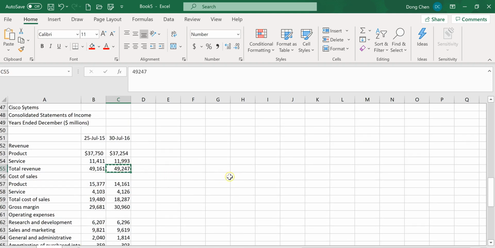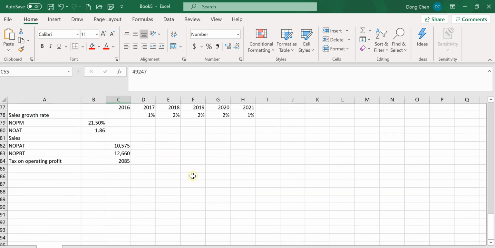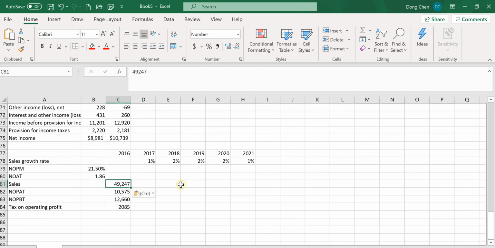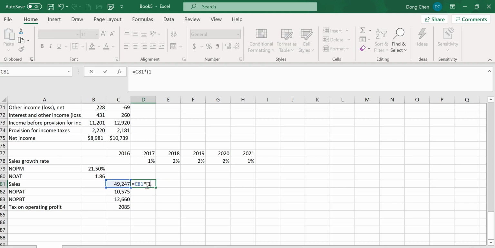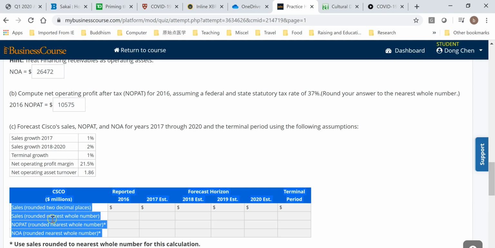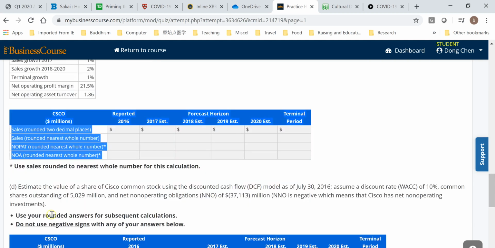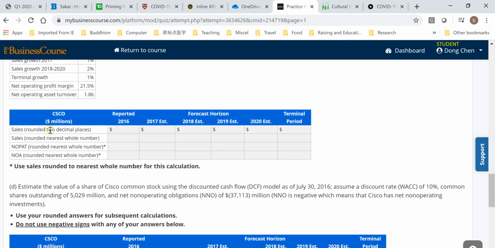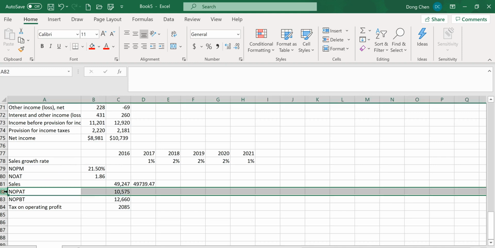It's total revenue here, so just copy the number here. The first year number is based on the current sales times 1 plus the growth rate. But if you look at the table, we saw 2 rows for sales. One row is rounded to 2 decimal places, and the second one is rounded to the nearest whole number. So we also need 2 rows here.